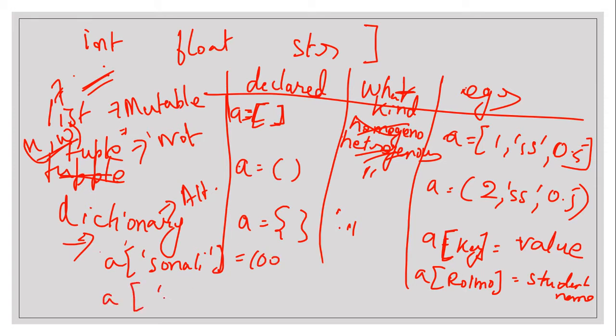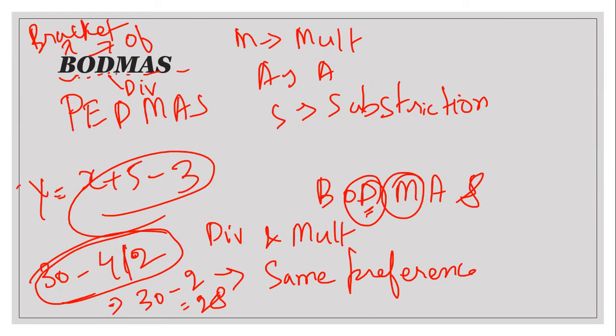Result of Geeta is 50. So if I want to find which student has how many marks, with the help of the key you will be able to find the value. I hope it is clear. Let's go to the other one.